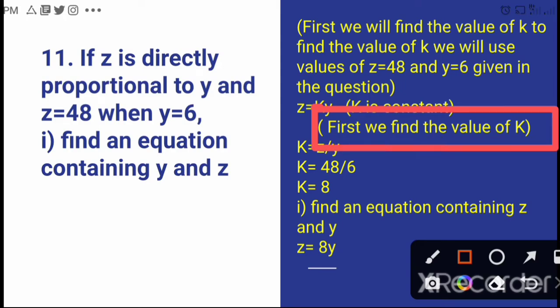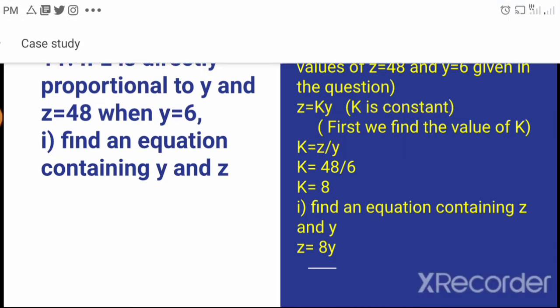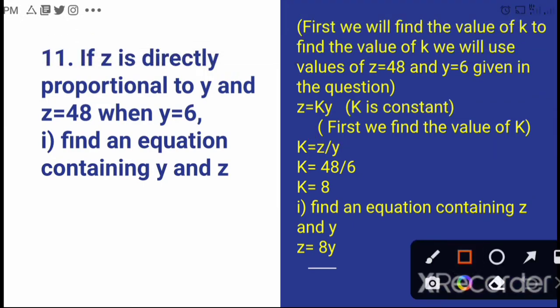To find out the value of k, we will alter this equation. By taking y to the left hand side, we will make the equation for the value of k. Altering z is equal to ky, we move y to the left hand side, and the equation will become k is equal to z upon y.